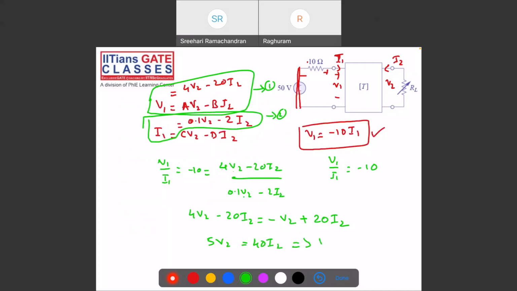So V2 by I2 is equal to how much? 40 by 5, 8 ohms. Is it simple? Understood? V2 by I2 is 8 ohms, or the RL for maximum power is equal to 8 ohms.